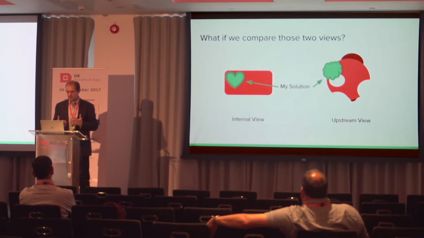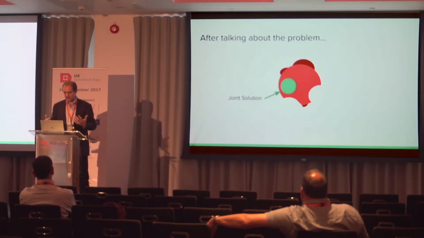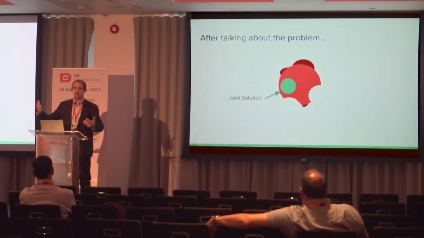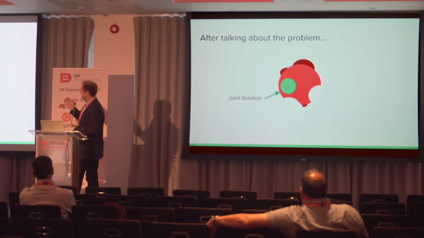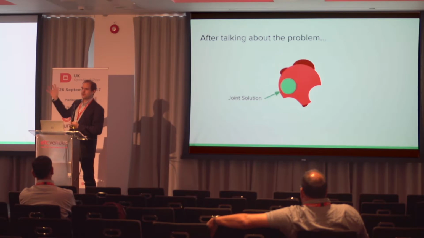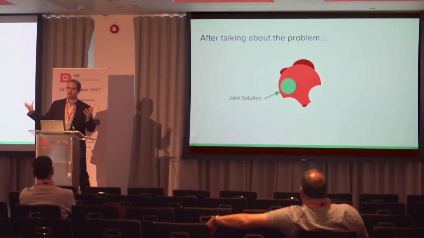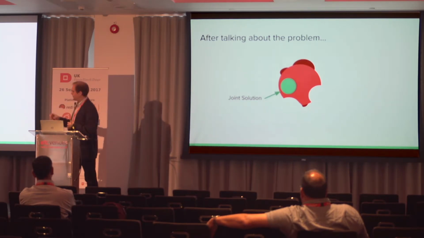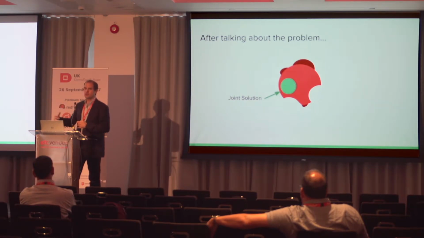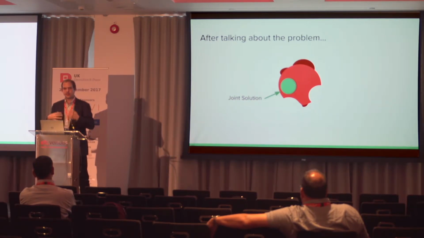What you really want to happen in a perfect ideal world is you talk about the problem and you start understanding more of each other's problems, and you come to a picture where there's a joint solution that solves everybody's problems from the different people coming together, and it fits into the long-term vision very nicely. That's where you want to get to.